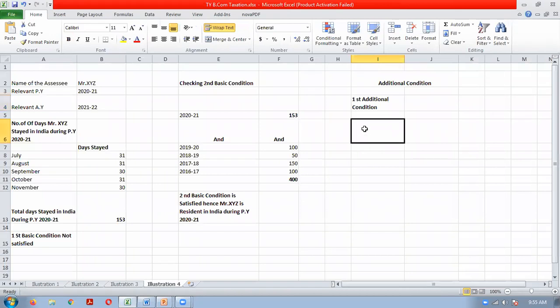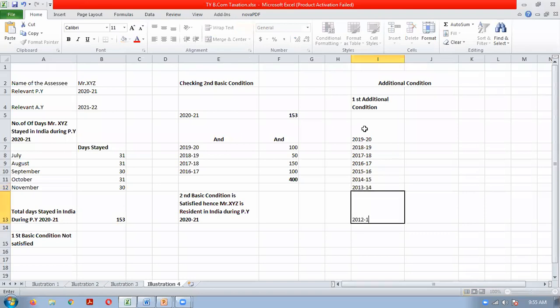If you note down, see: 1920, 1890, 1780, 1670, 1560, 1450, 1340, 1213, 1112, and 1011. So 10 years are there: 1, 2, 3, 4, 5, 6, 7, 8, 9, 10.